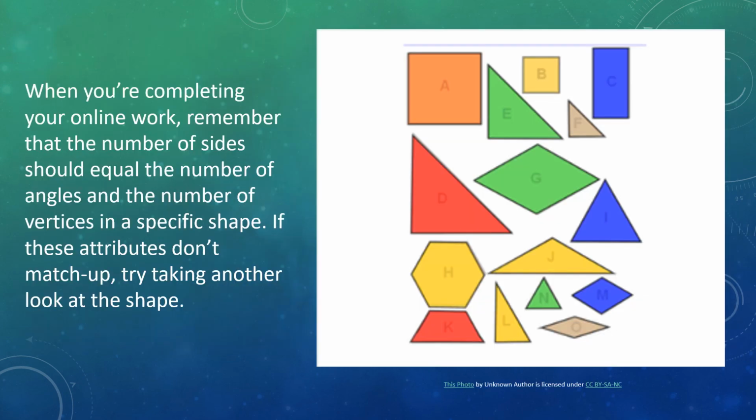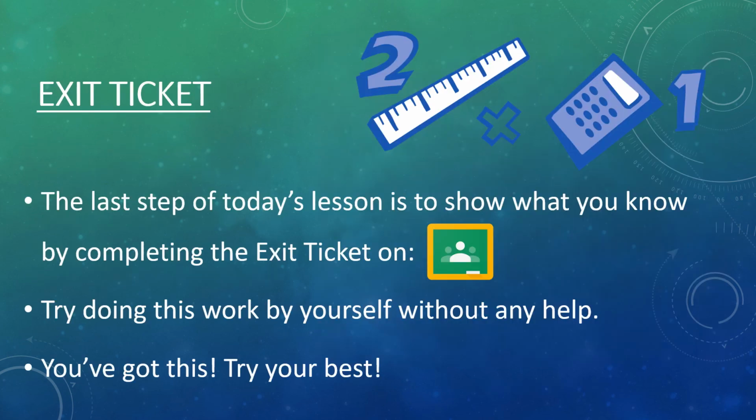So do your best today, and remember the information that you've learned, and remember that if you are counting the number of sides, that should be the same for your angles and your vertices, okay?